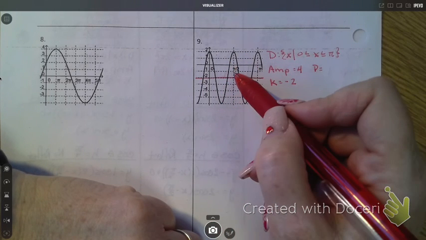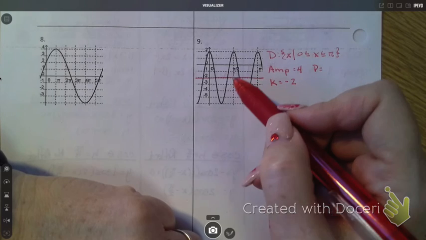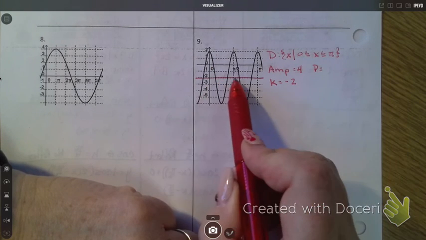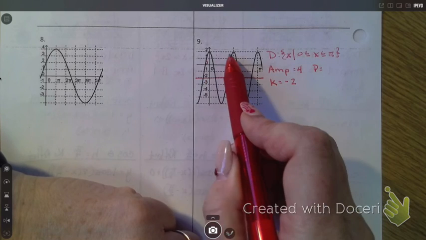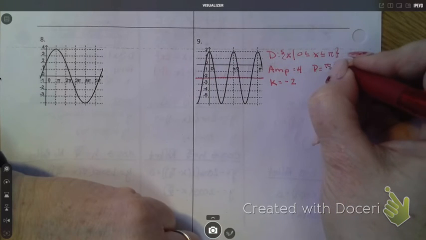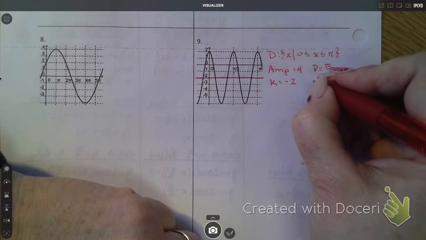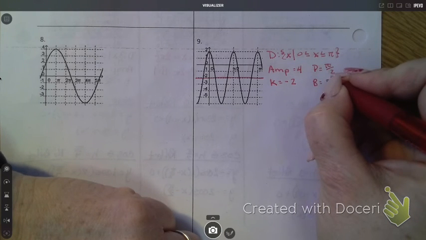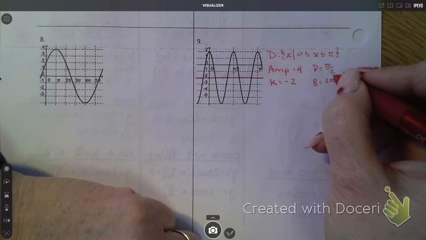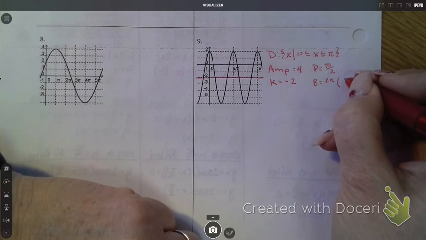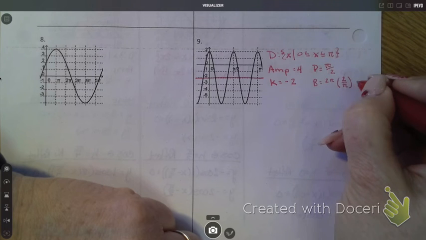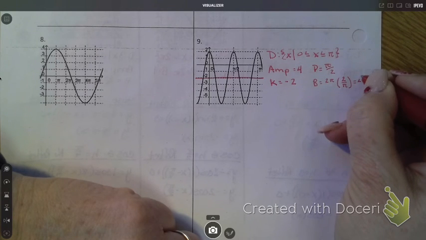It's pi over 2. You see that? They're not nice, but I don't always have to look here, do I? Can I look at maxes and mins also? Okay, so it's pi over 2. So B is going to be 2 pi divided by pi over 2, so that means it's multiplied by 2 over pi. So it is 4.